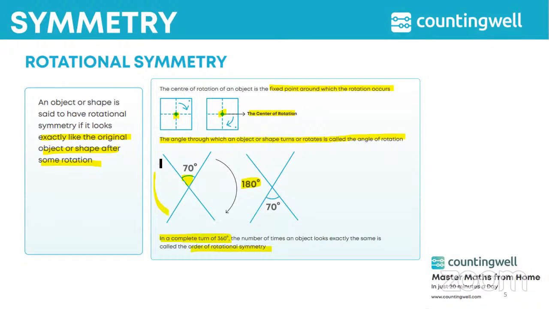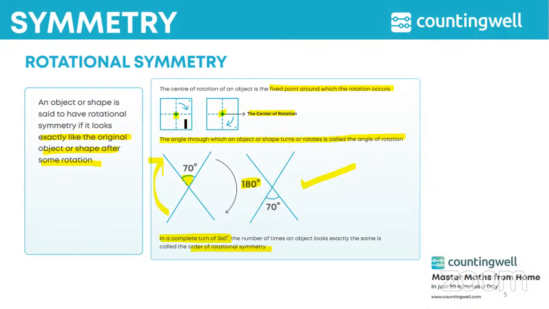Again, if we rotate this by 180 degrees, the object will take the same position. We have rotated the object 2 times by a 180-degree angle. So we say the order of rotation for this object is 2 with an angle of rotation of 180 degrees.